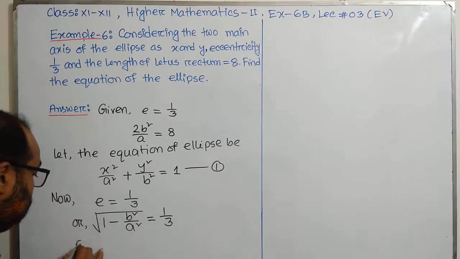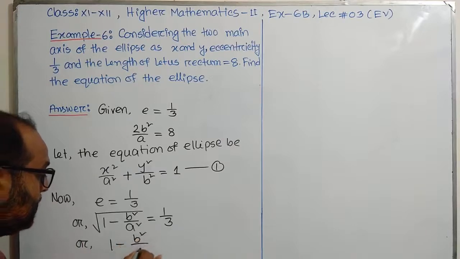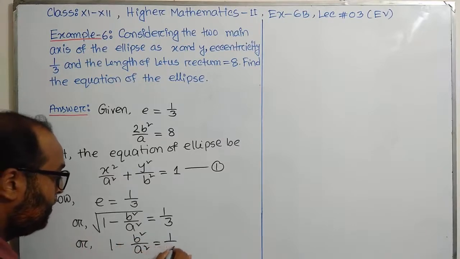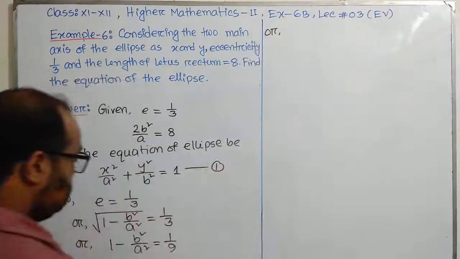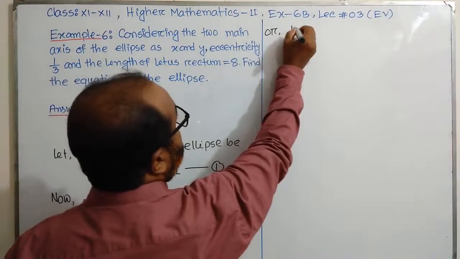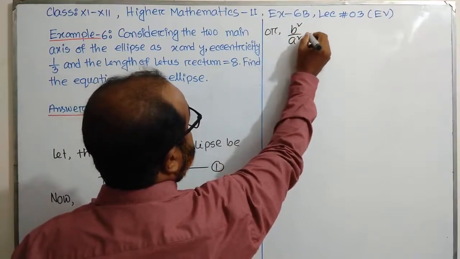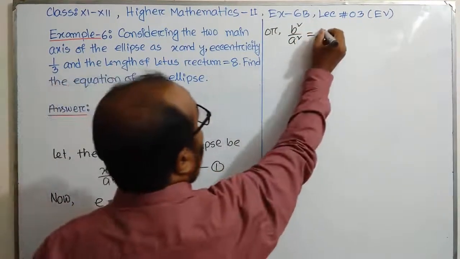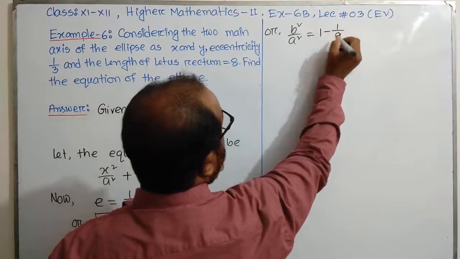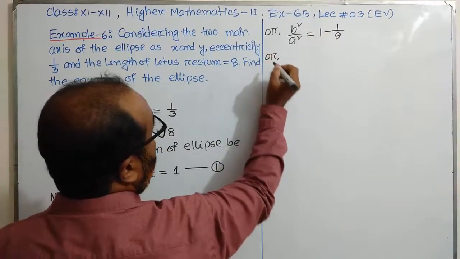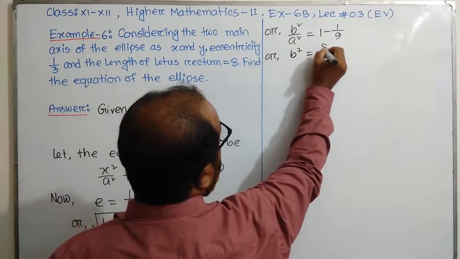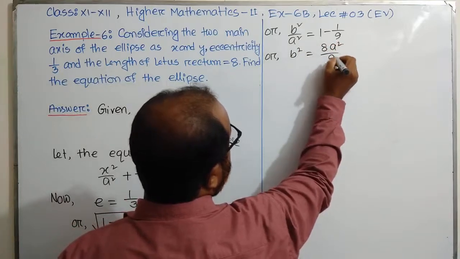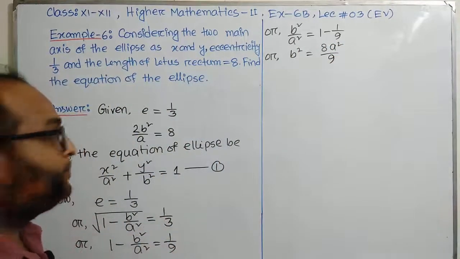Okay, now squaring both sides we get 1 minus b square by a square, this equal 1 by 9, or from this we get b square by a square, this equal 1 minus 1 by 9, or from this we get b square equal 8 a square divided by 9.